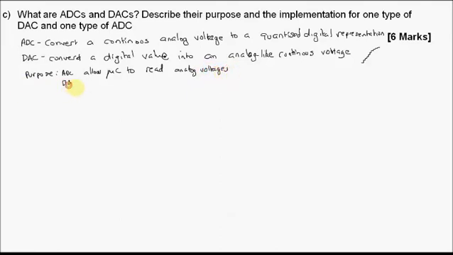For our DAC, we allow the microcontroller to create or generate analog voltages. And we need to describe the implementation of one or the other. Now, we could use any implementation we wanted at this point in time. So for a DAC, I'll describe PWM.